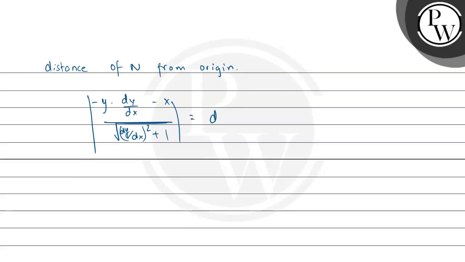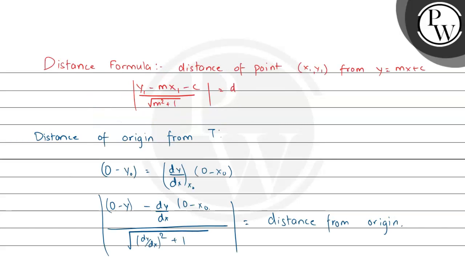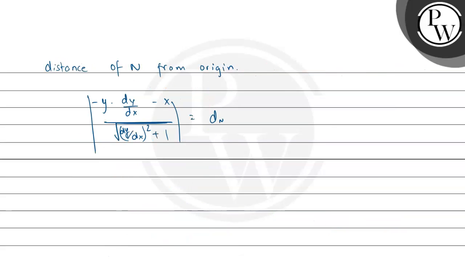Similarly, the distance of the normal from the origin would correspond to the modulus of y times dy by dx plus x upon under root of dy by dx whole square plus 1. I'll call this dn, and the tangent distance dt.